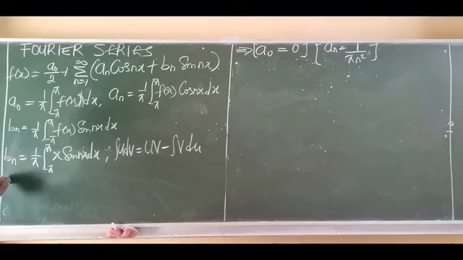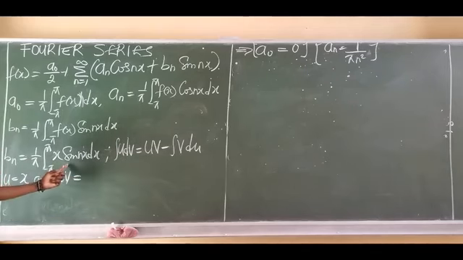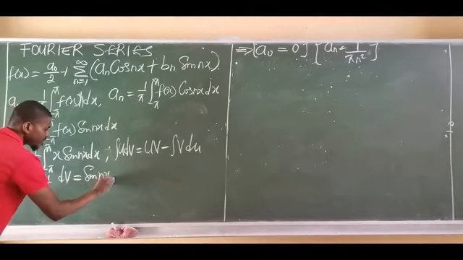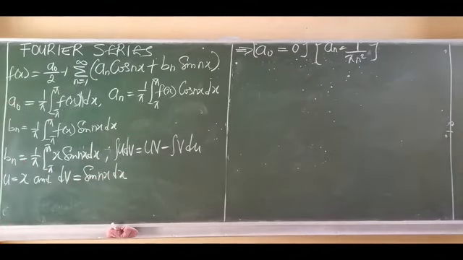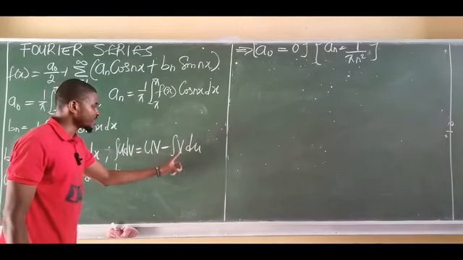So u is taken as the given function, f of x, which is x, and dv is the Fourier function under the integral, in this case sine nx times dx. From the formula, it says uv minus integral of v du.